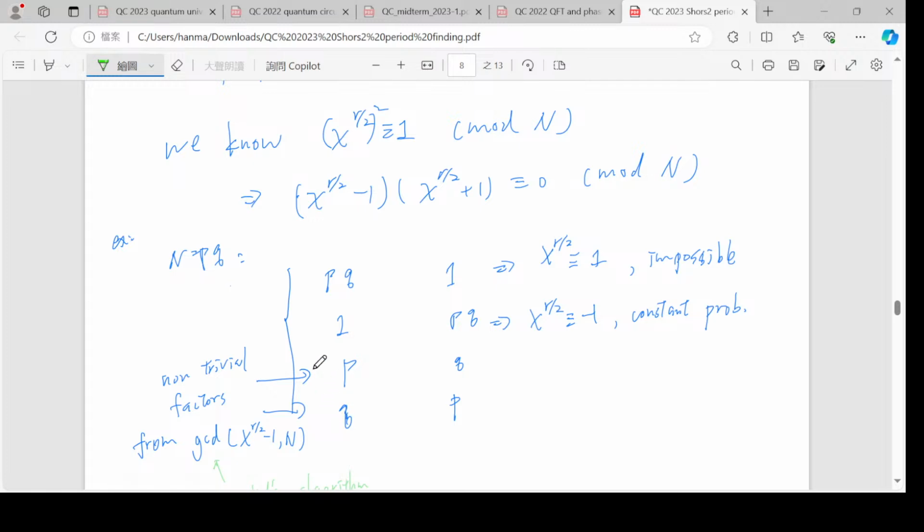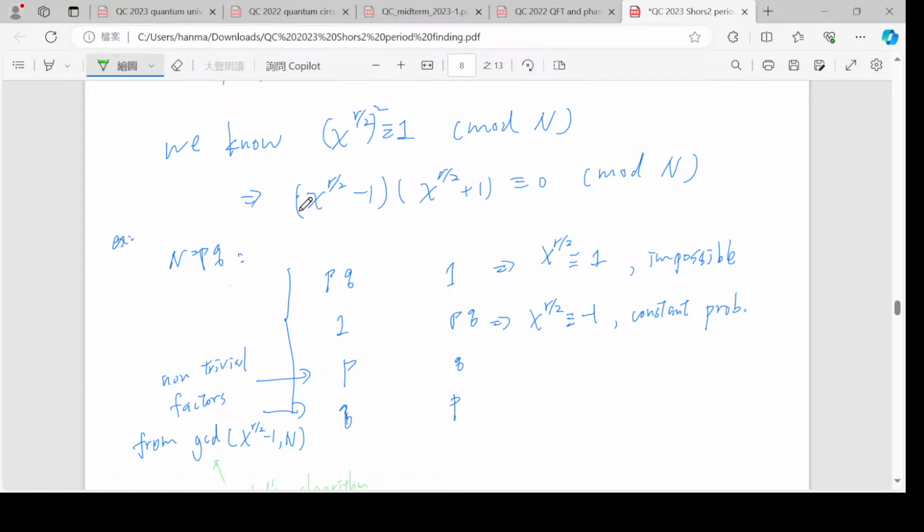The first one is that this part has both p and q, so this part is equal to 0 and this part is equal to 1.